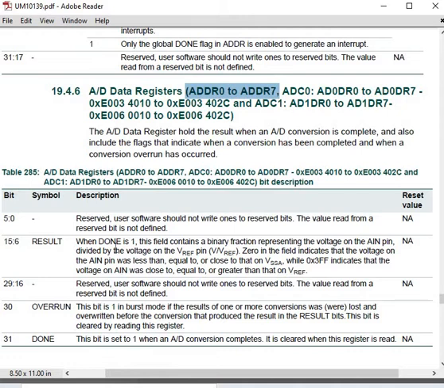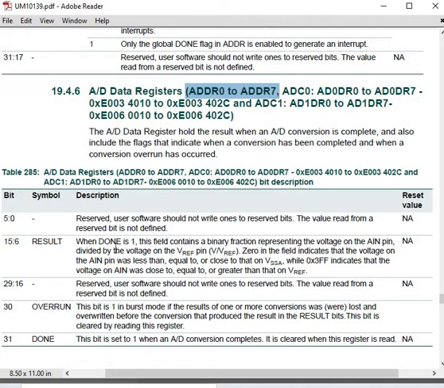Again, if you see these data registers of the analog to digital converter, it is a 32-bit register. If you see the bit pattern here, the first bits are reserved, which are not usable by the user or the programmer.